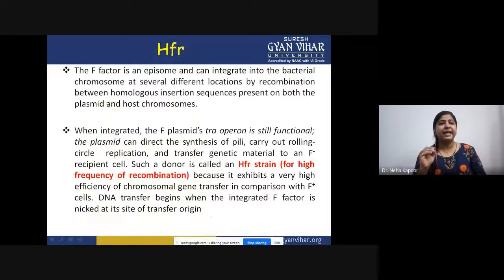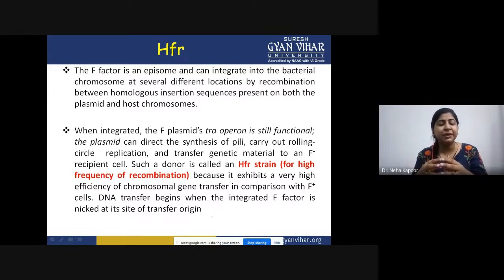Next thing is HFR. We just discussed that the F vector is an episome. That means it can stably integrate inside the bacterial chromosome at different locations by carrying out recombination between the homologous sequences that are present on the plasmid and on the host chromosome. Only then the recombination is happening.